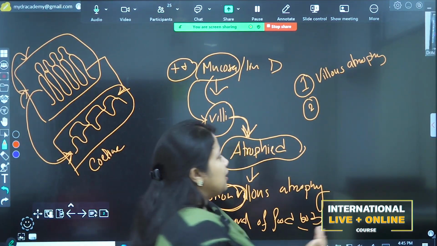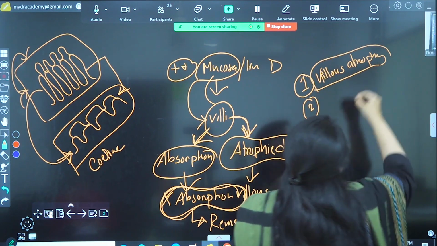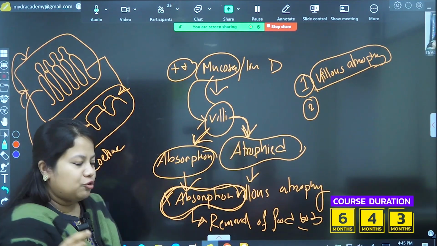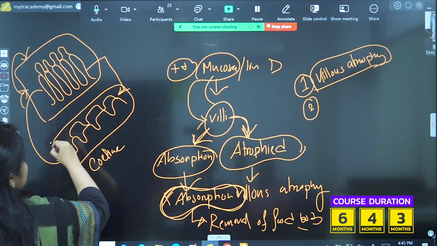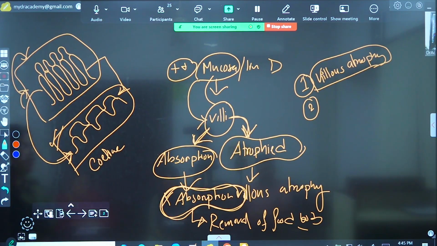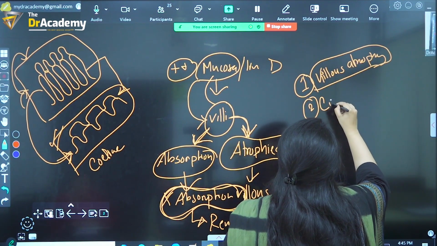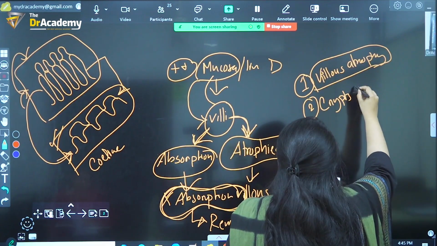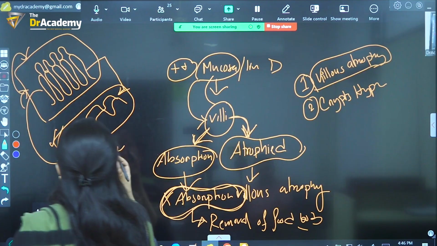Right? So villus atrophy, and the flattening, actually not flattening, the word is atrophy. I am telling you this word flattening to help understand these things. Okay, now one is villus atrophy, second one is crypt hypertrophy. Now what are crypts?